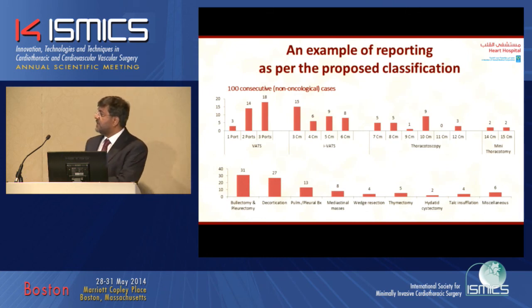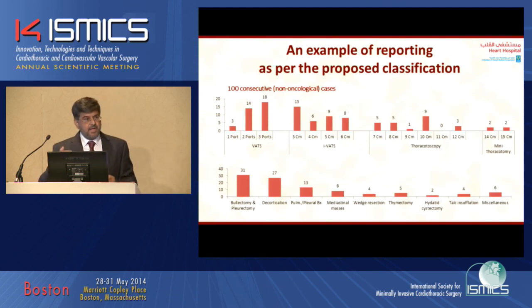Now, you can see that you could collect it together, make it coarse, or make it fine-tuned. And you can have all your report in your registry as how many VATS, how many ports were done, and if incisional VATS, what was the length, and if thoracotoescopy, what was the incision, and so on, so that you can compare various kinds of data at the end of the day.